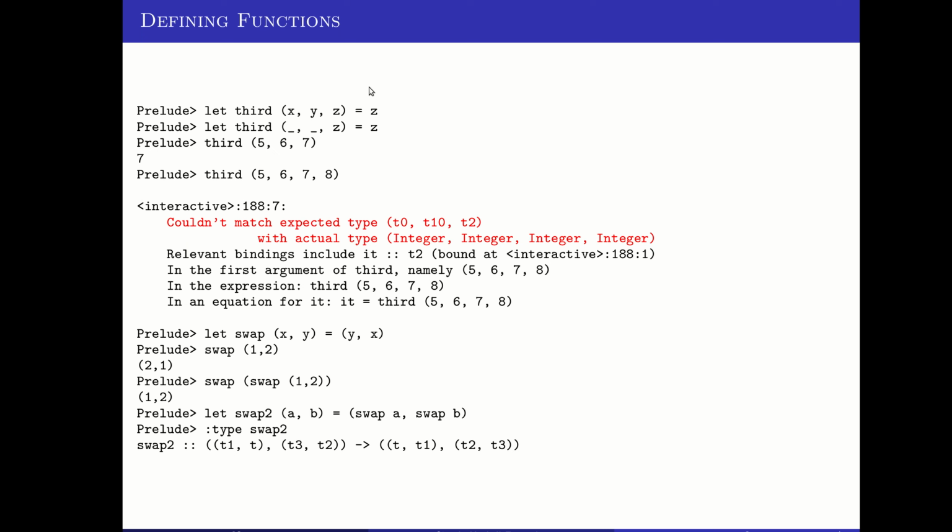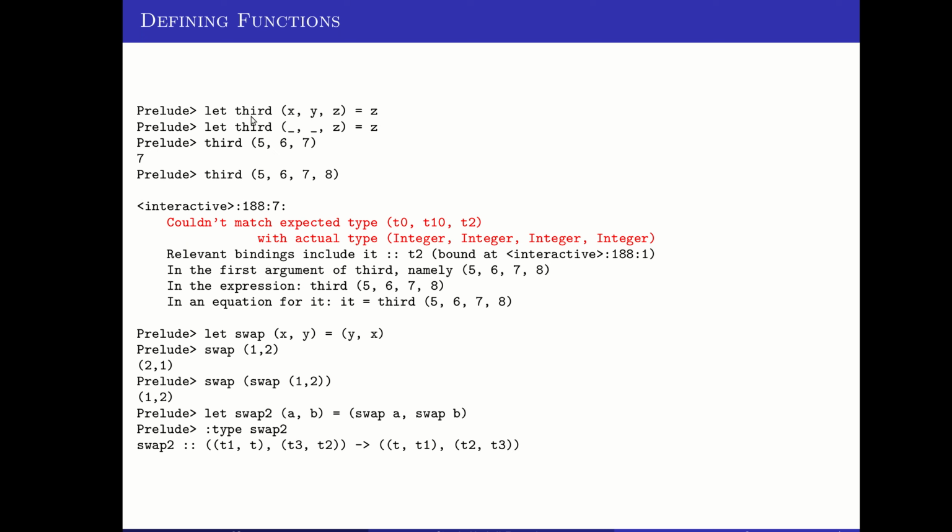Well, another interesting thing that functions can do is you can define them to take some parameters but ignore them. So this third doesn't have to give names to x and y. It just says something, something, and z, and I'll return z as my value or as my result. You can do this even with parameters that are not inside of a tuple.